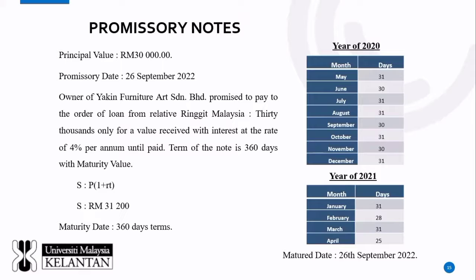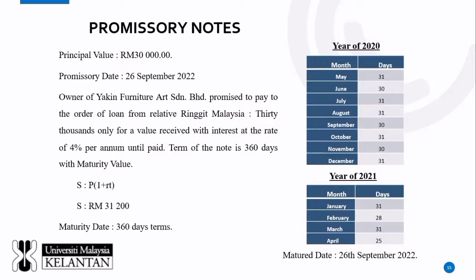The owner of Yakin Furniture Art Sdn Bhd, which is our company, promises to pay the order to the relative Ringgit Malaysia 30,000 for value, at 4% per annum, with a term of 360 days to maturity value.